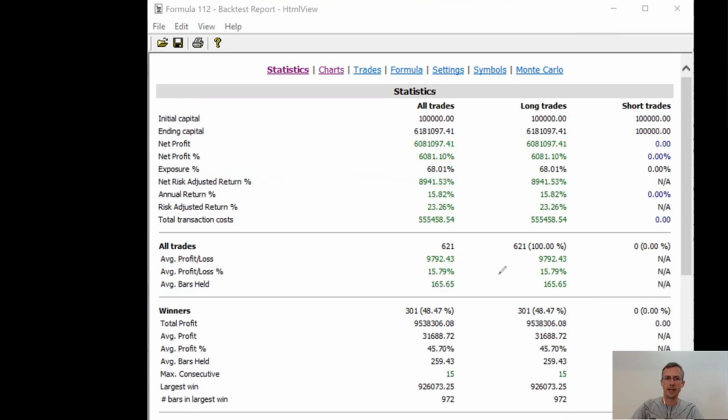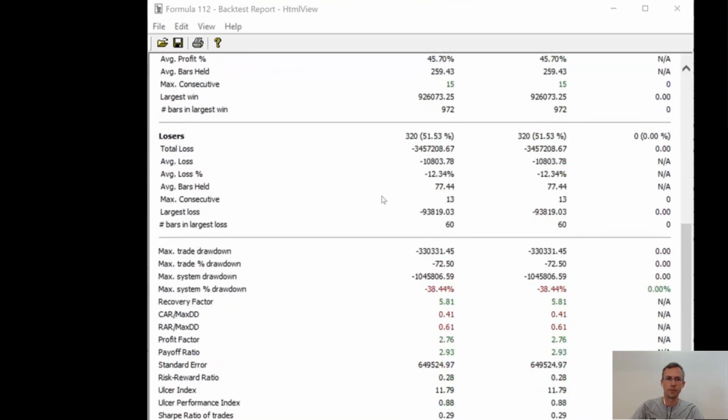So a little further down, you've got the average profit percent and average bars held for the winners and the percentage of winners. So I'll look at those. And then same underneath for the losers.